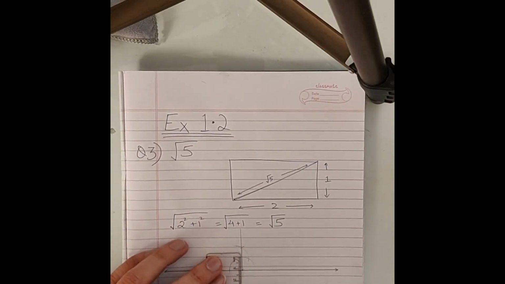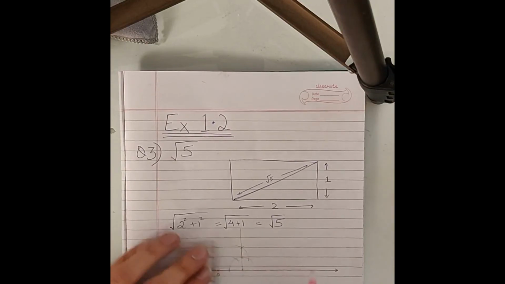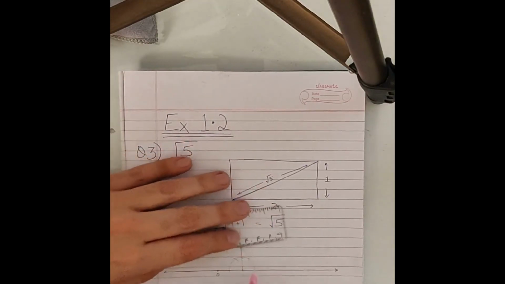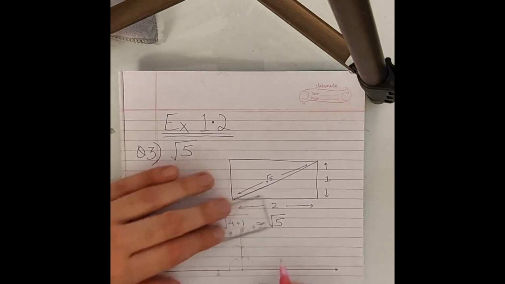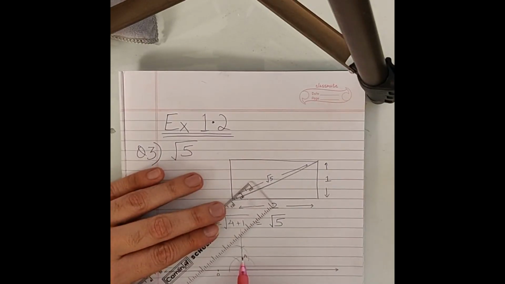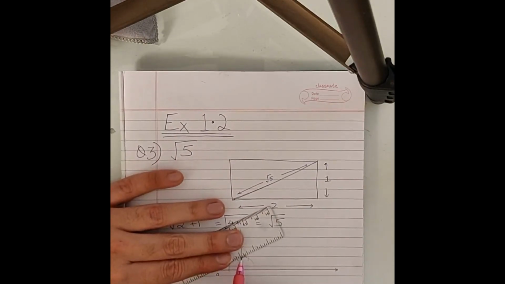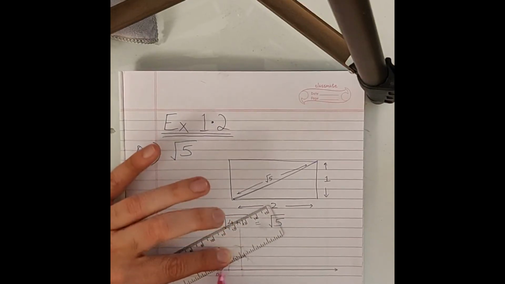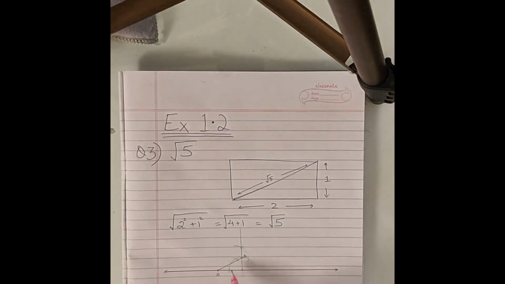I measure 1 unit on this 90-degree line. And let me name this point as A. Now if I join OA over here, this line is for root 5.